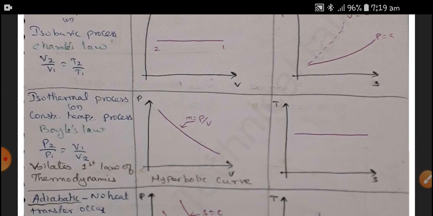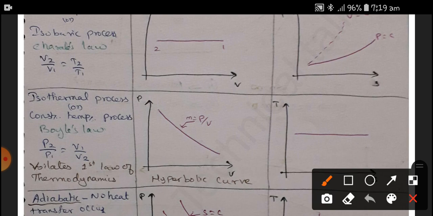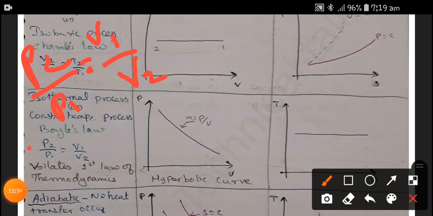And similarly, the isothermal process is a constant temperature process. It works on Boyle's law, where T is equal to constant, P2 by P1 is equal to V1 by V2. So this isothermal process will violate the first law of thermodynamics. In the PV curve here, n is equal to 1.